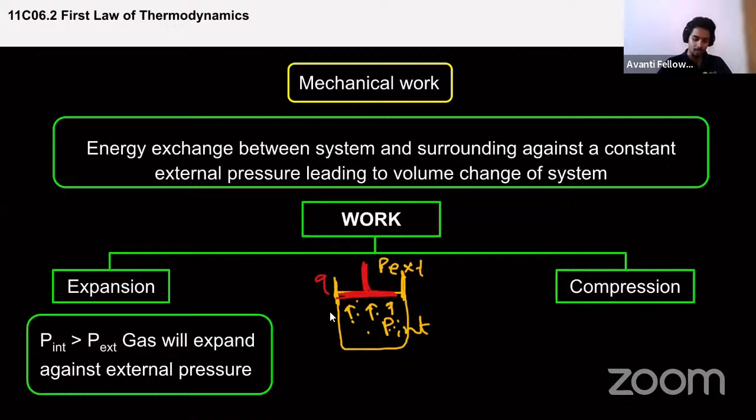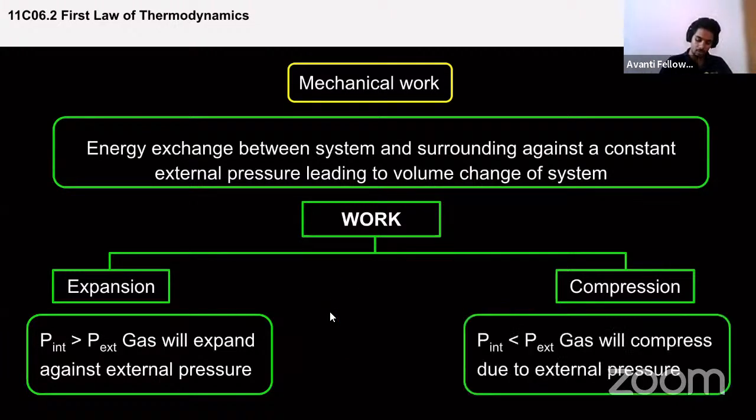And why does compression happen? Whenever the energy is used up, the internal pressure decreases. Because of more external pressure, the compression happens. Clear with this, everyone? P internal is less than P external, so the gas will compress due to external pressure. Taking the piston again, the gas molecules pushing the piston do not have that much force.